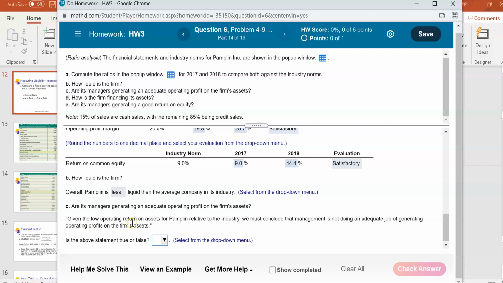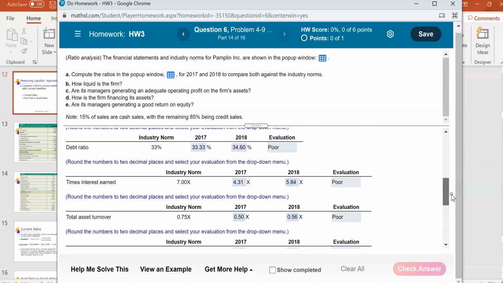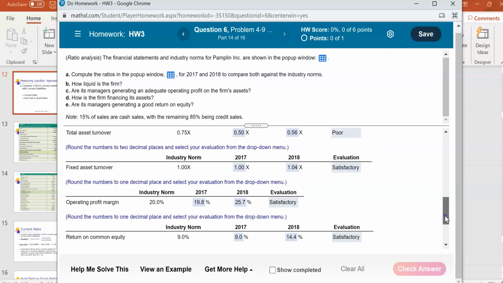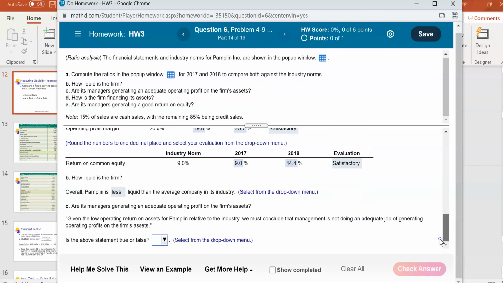Given the operating return on assets for Papling relative to the industry, we must conclude that management is not doing an adequate job of generating operating profit on the firm's assets.